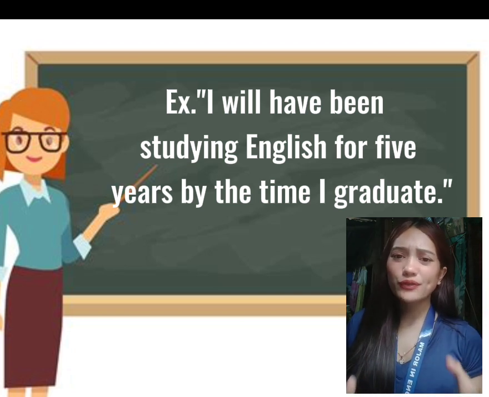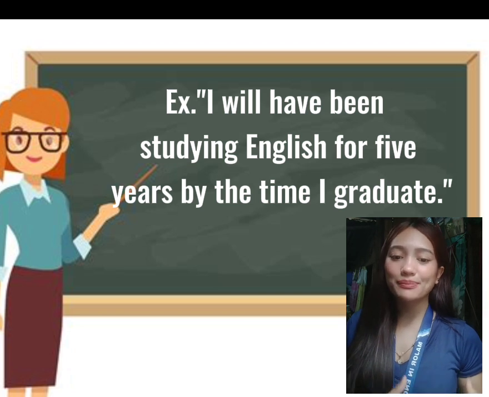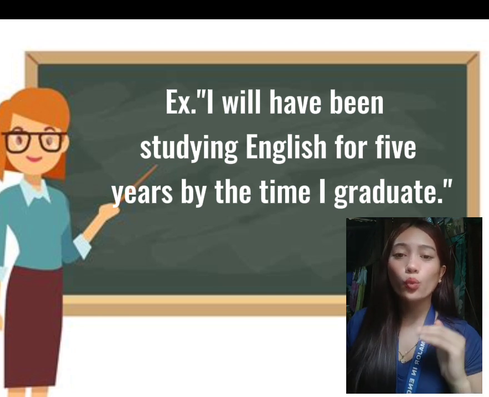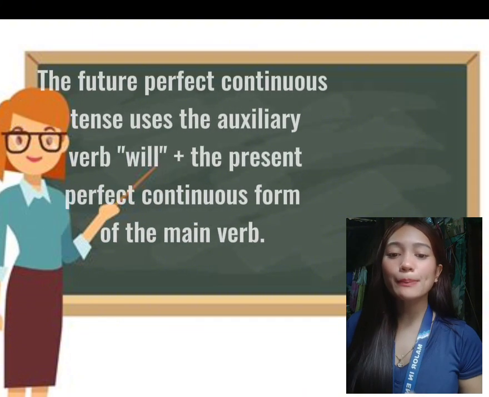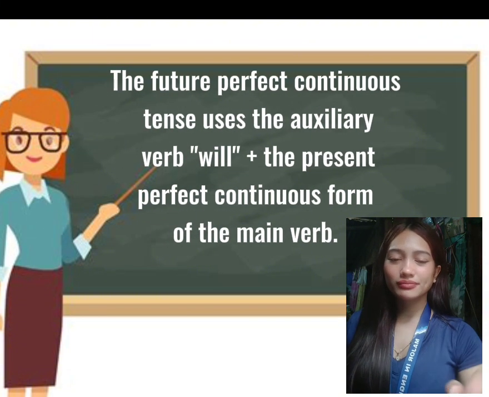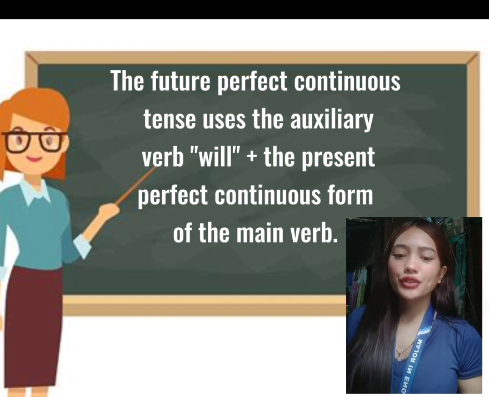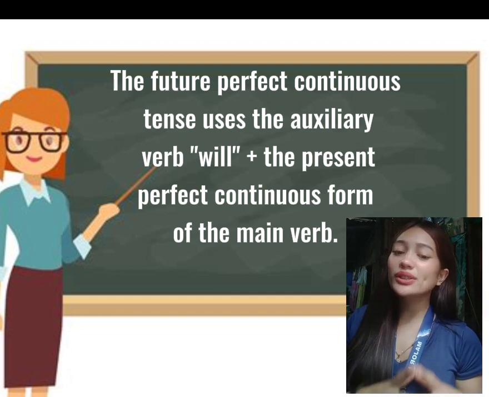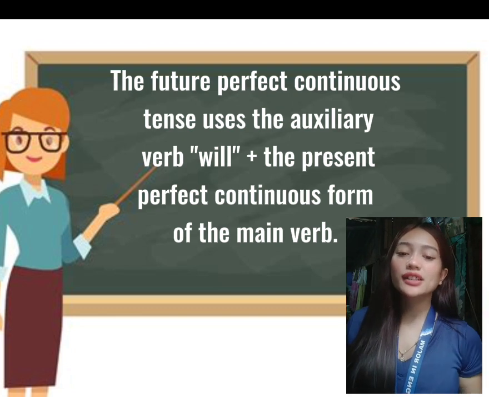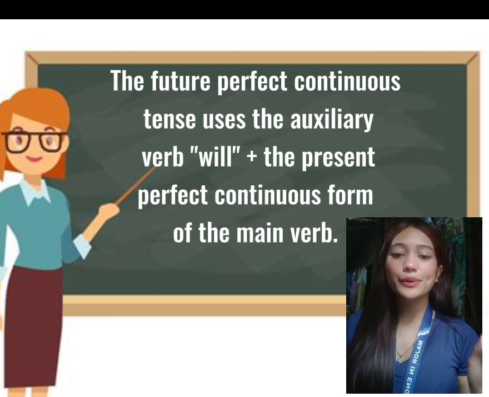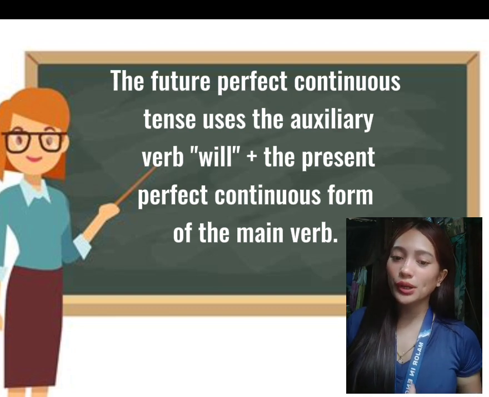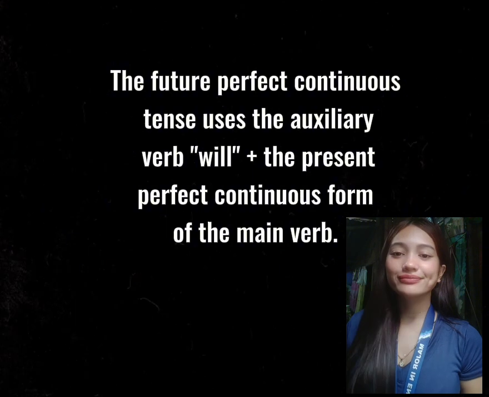So, have you ever wondered why we use will have been studying instead of will study? It's because the future perfect continuous tense uses the auxiliary verb will plus the present perfect continuous form of the main verb.